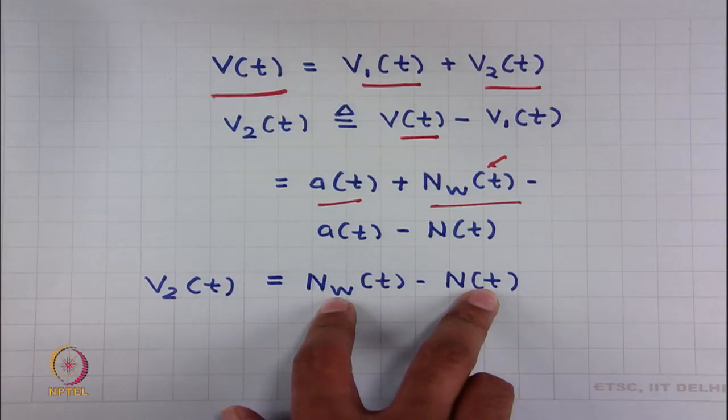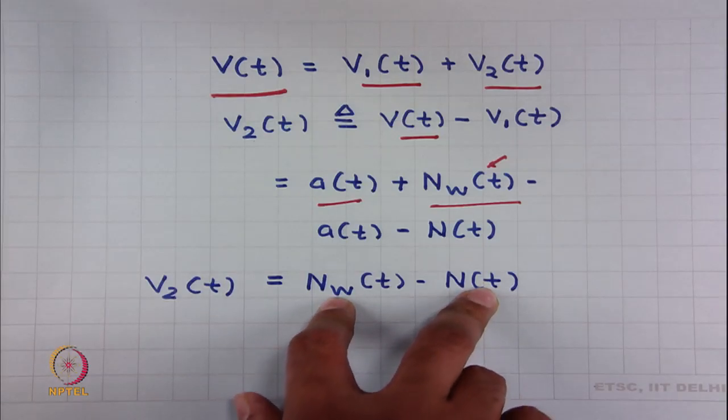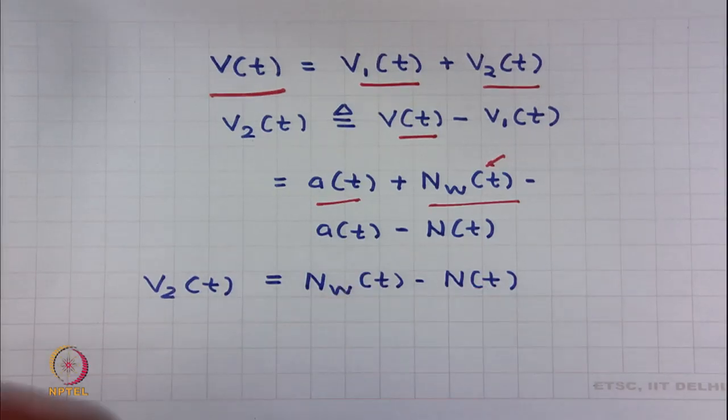I am saying that the noise which disappeared is actually V2 t, and that disappeared noise is not relevant for our receiver. That noise will not improve our understanding about the hypothesis, okay? And this is what we are going to prove.